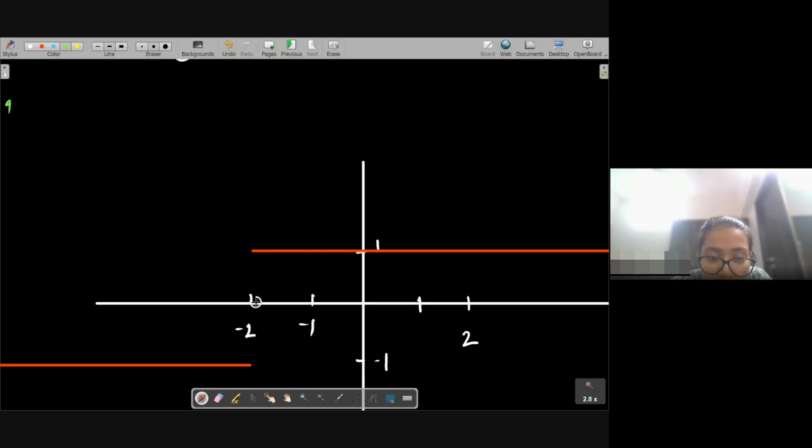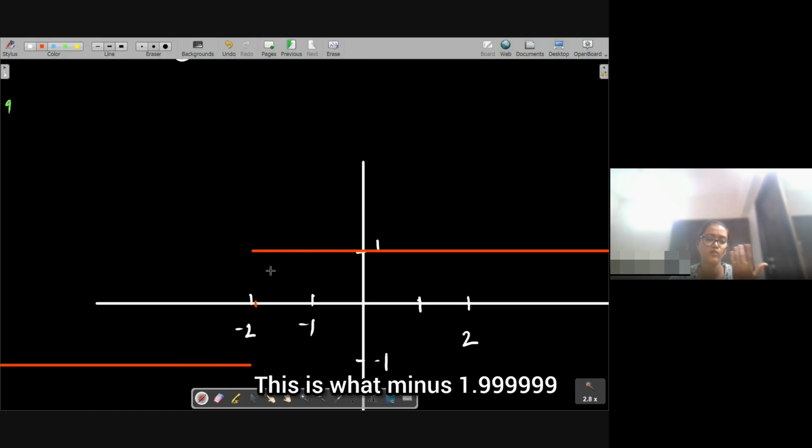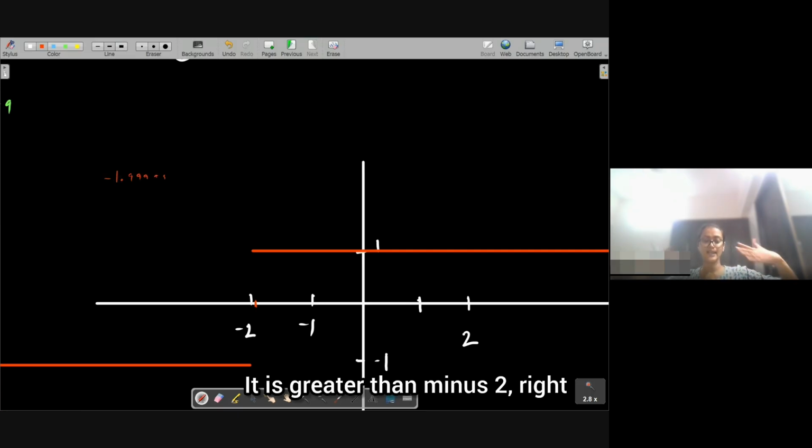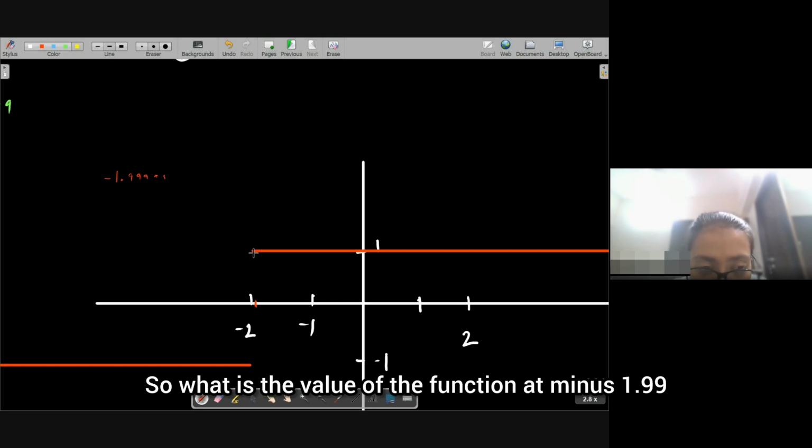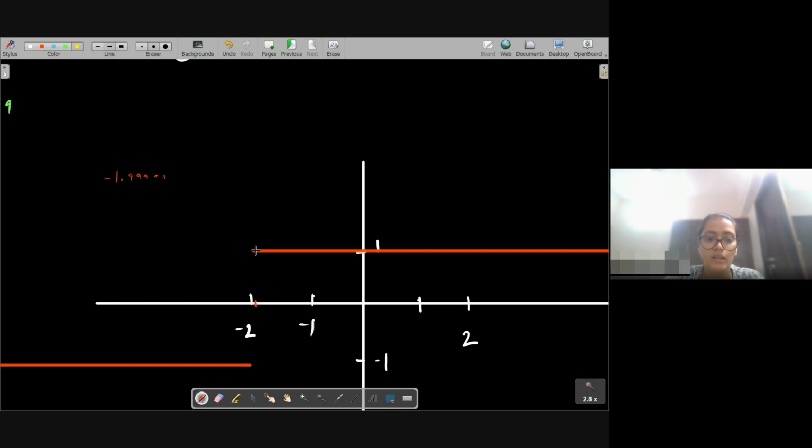This point, -1.99999, is greater than -2, right? So what is the value of the function at -1.99999? It will be 1.